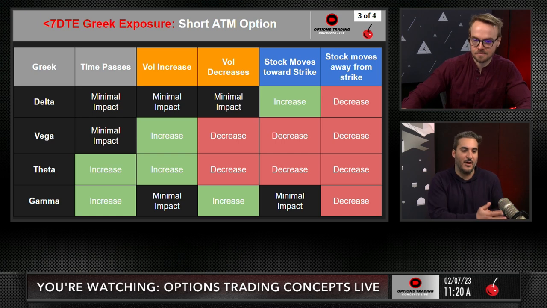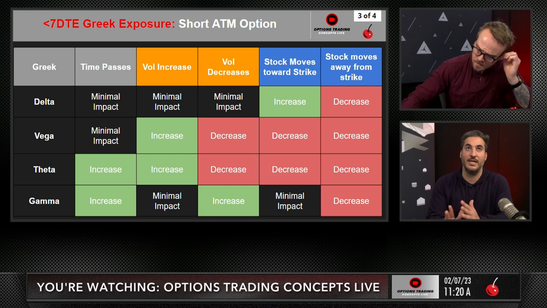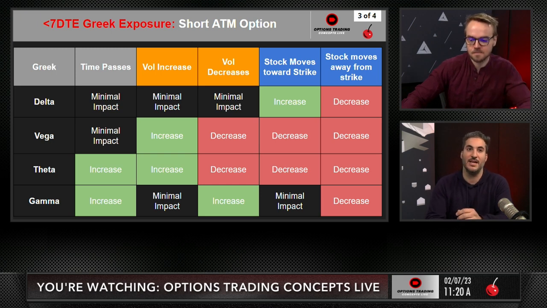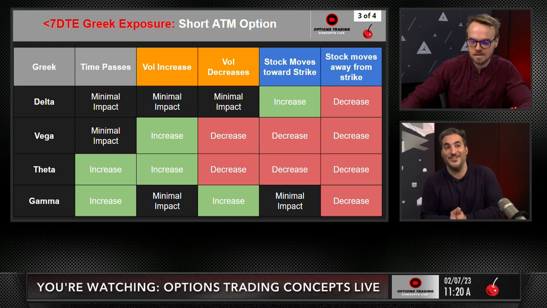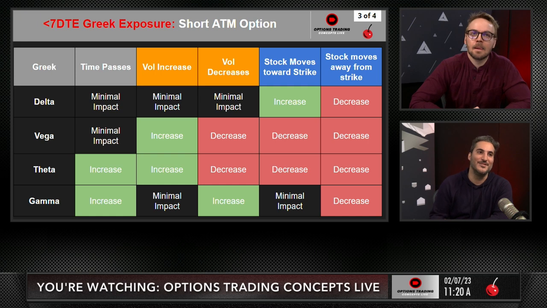It doesn't matter if volatility increases or decreases. Again, at the money options always have right around 50 delta. So the volatility isn't really changing your delta exposure, it's really changing your gamma exposure, which can change your future delta exposure, if that isn't confusing enough for you.